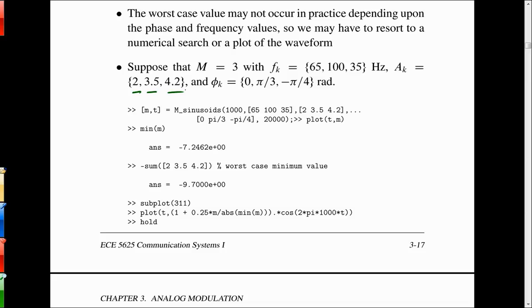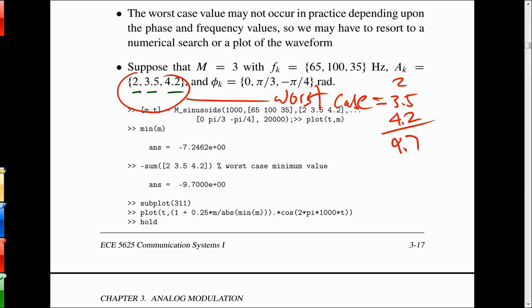Yeah, it's the 9.7 if you just add up the amplitudes. So it swings between plus and minus 9.7, worst case scenario.